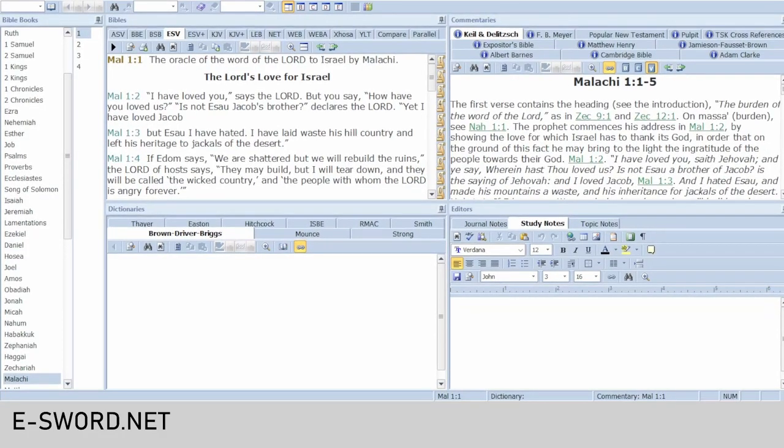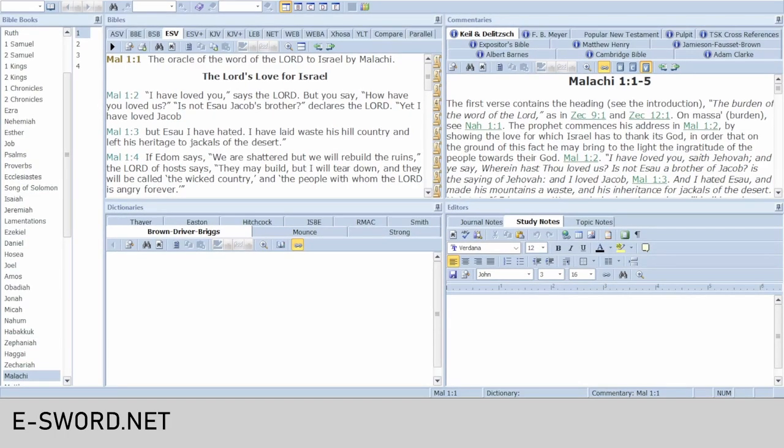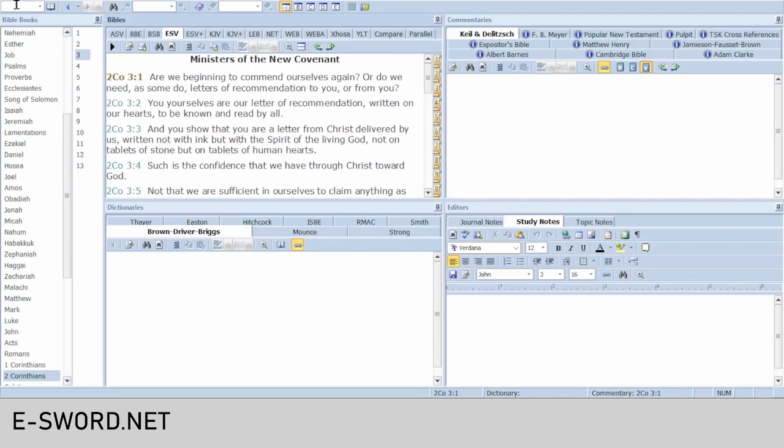Okay, so we have then here in eSword, I've already installed these different translations of the Bible. And you can select your book and chapter over here, but you can also just type in, so 2 Corinthians chapter 3, and hit enter, and here we go. We have it in the English Standard Version. I don't have the New King James in here because you have to pay for it, and I don't really need it in eSword.